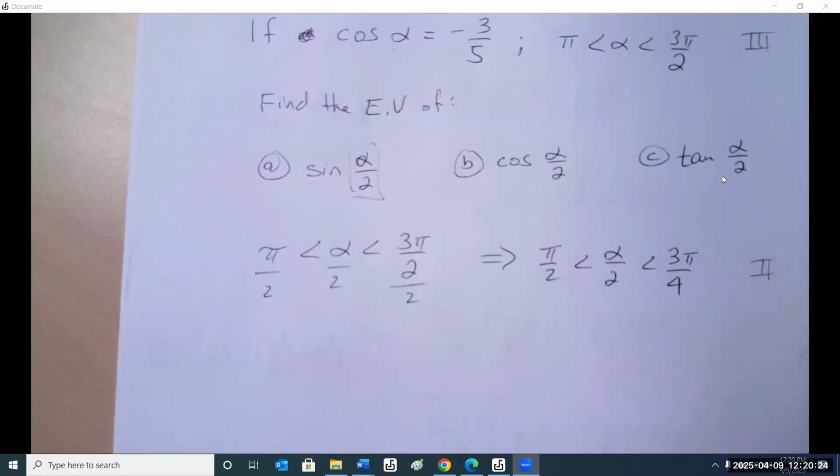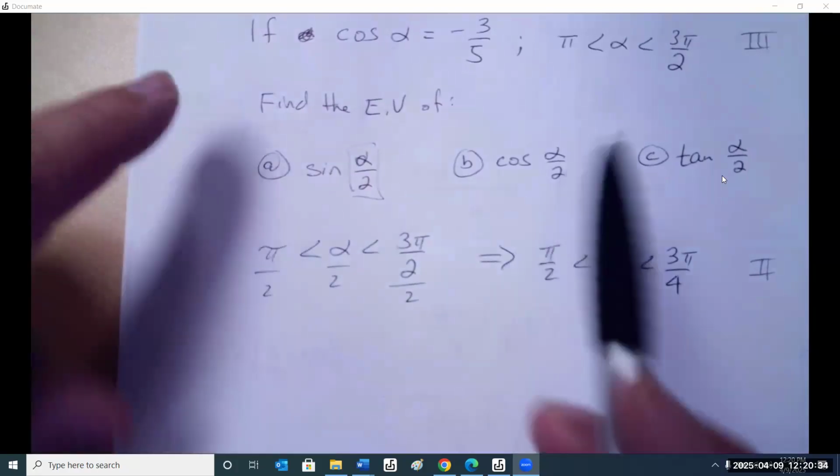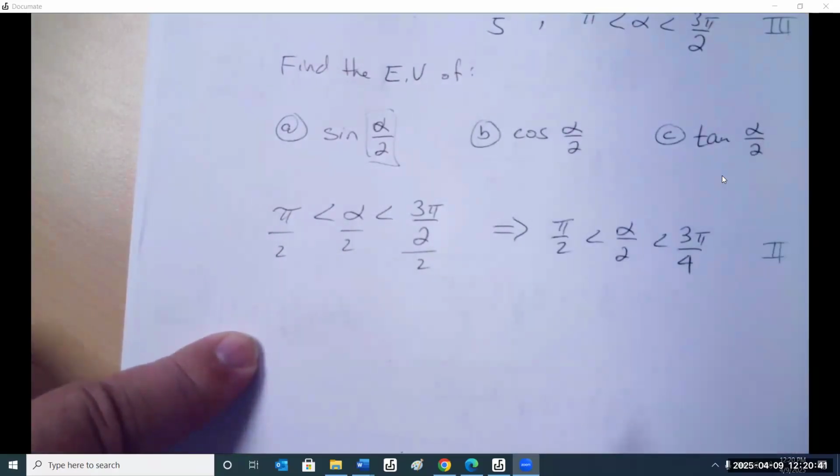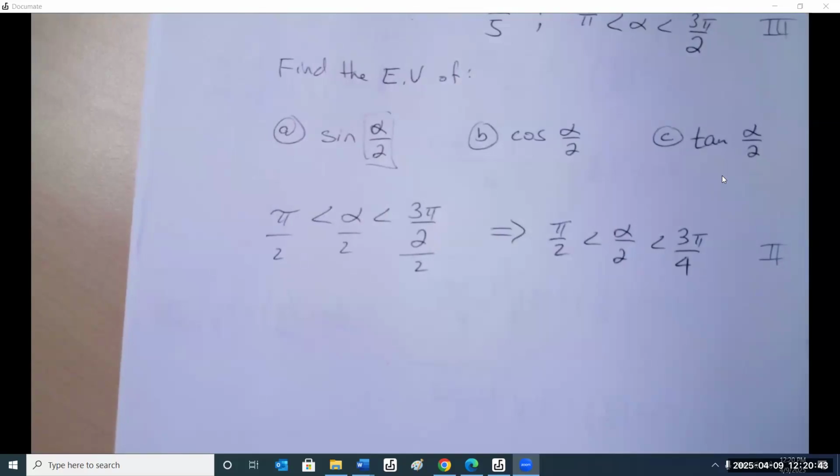Now we're in region 2, quadrant 2. Because pi over 2 is straight up, 3 pi over 4 is a 45 degree angle in the second quadrant. So when we switched from angle alpha to half angle alpha over 2, we've switched quadrants. What does that do? It changes the sign of your answer.